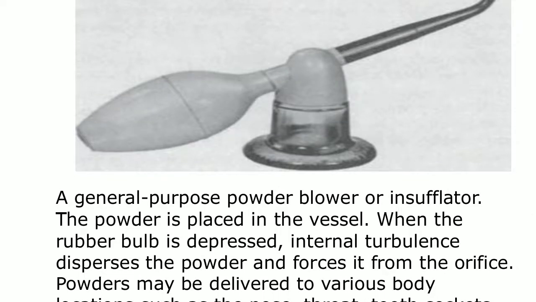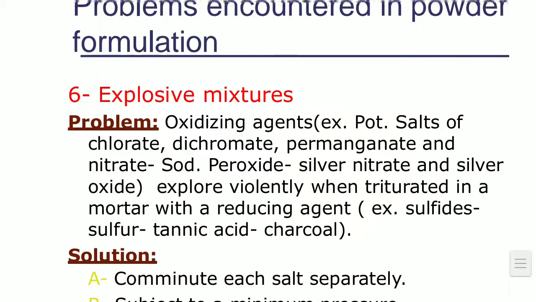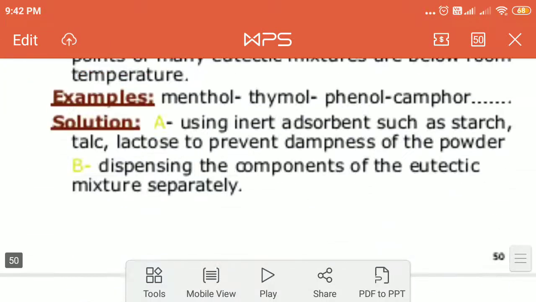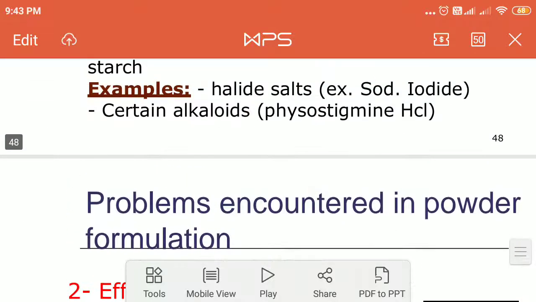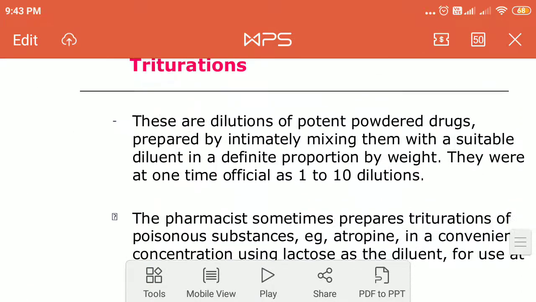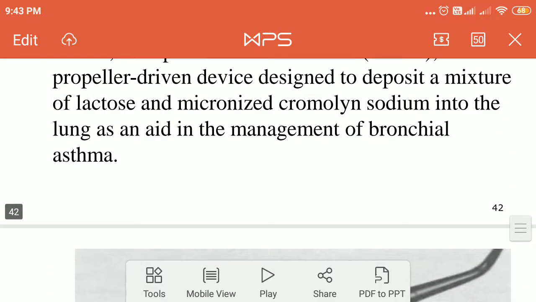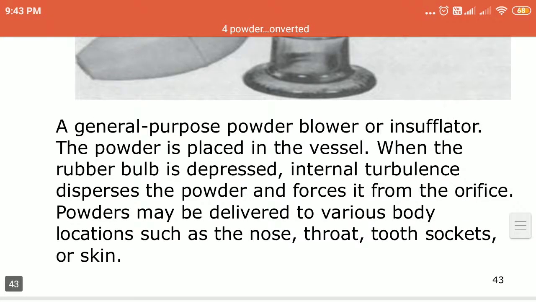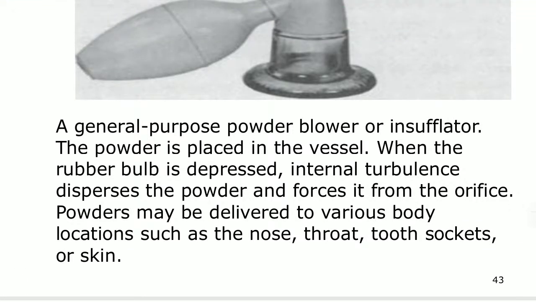A general purpose powder blower or insufflator. The powder is placed in the vessel, and when the rubber bulb is depressed, internal turbulence disperses the powder and forces it from the orifice.